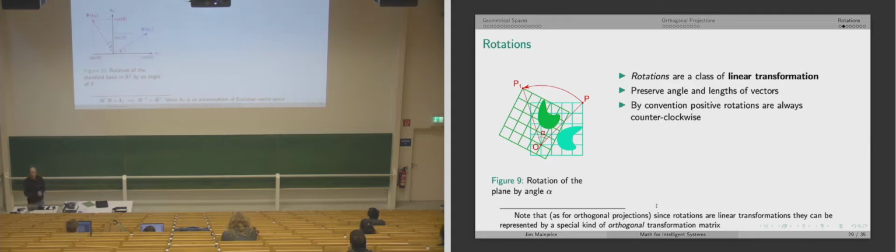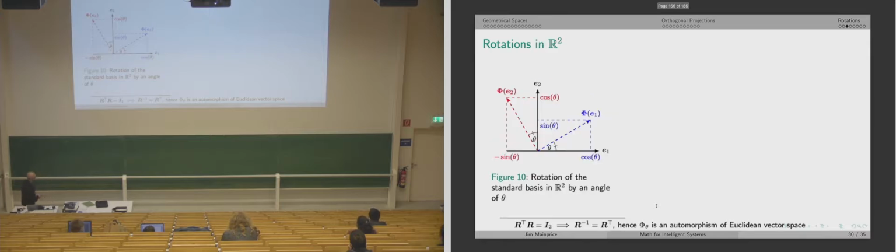So let's see 2D rotation here. You've all seen this before. We have our basis vectors for the plane here, and then we operate a rotation of theta.